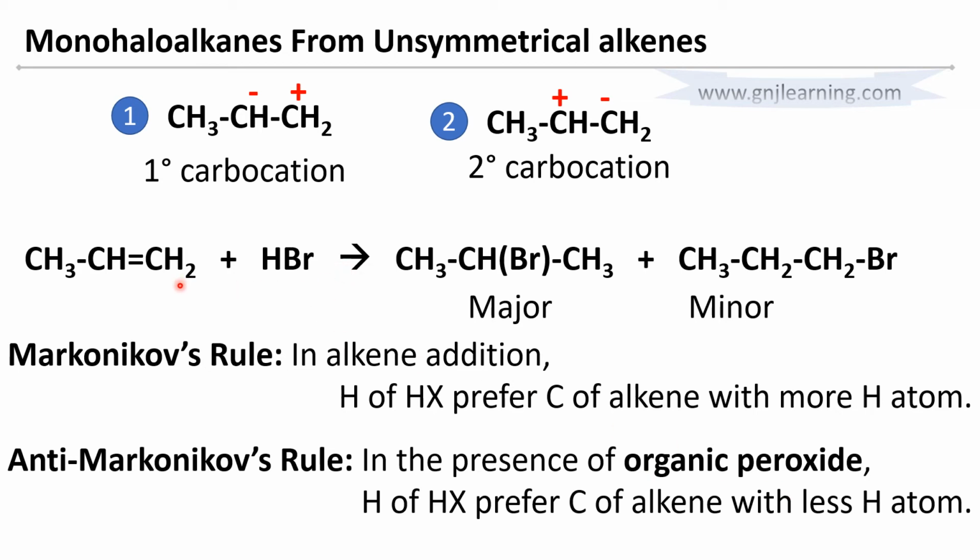So from propene, if you want to get the primary product as the major product, then you have to add an organic peroxide. Let us look at an example of Markovnikov and anti-Markovnikov addition based on propene itself in the next slide.